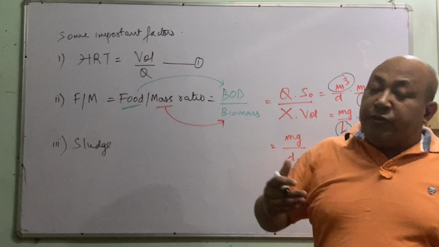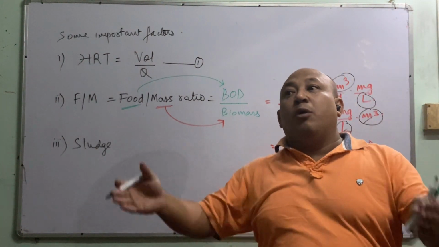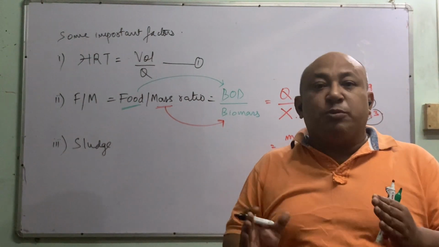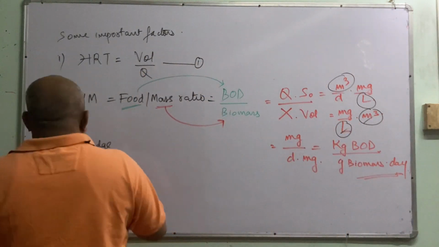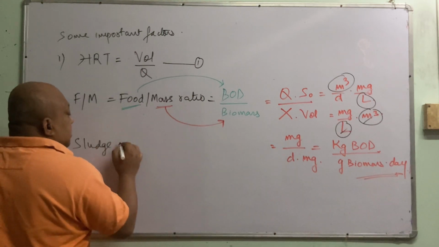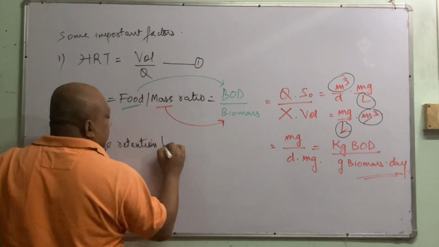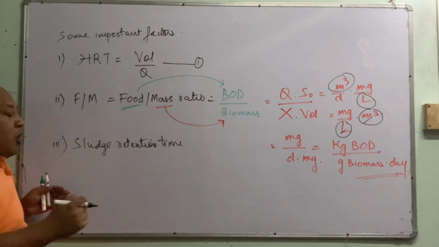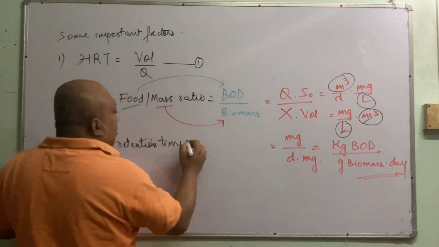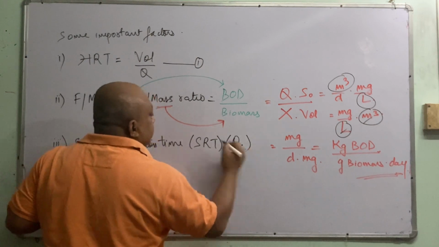But again, if you remove everything, is it good? No. If you remove all the sludge, then who is going to eat the BOD? So some has to be maintained. So my point is, for how long the sludge has to remain in the water? That is called sludge retention time, so that we know after how many days the sludge has to be removed. This is also called SRT. Sometimes we call it theta C.